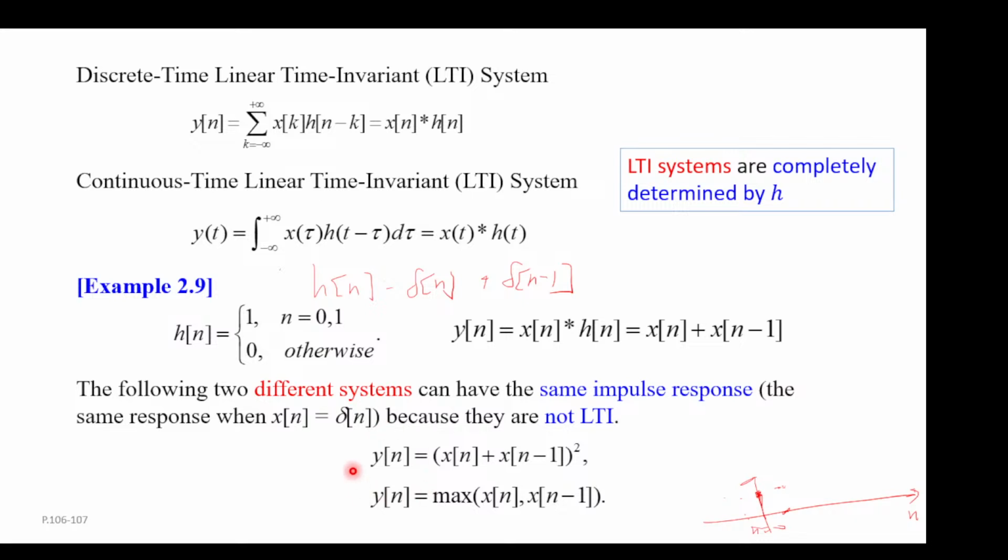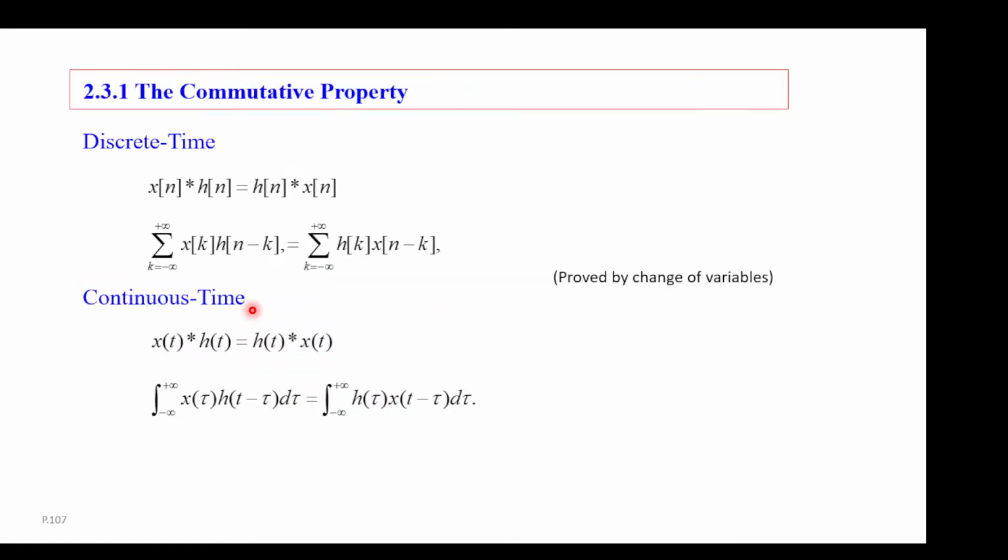But if they are LTI, then the response to x of n equal to delta of n will determine the whole system. Okay, so that's something to stress on. Everyone understand?